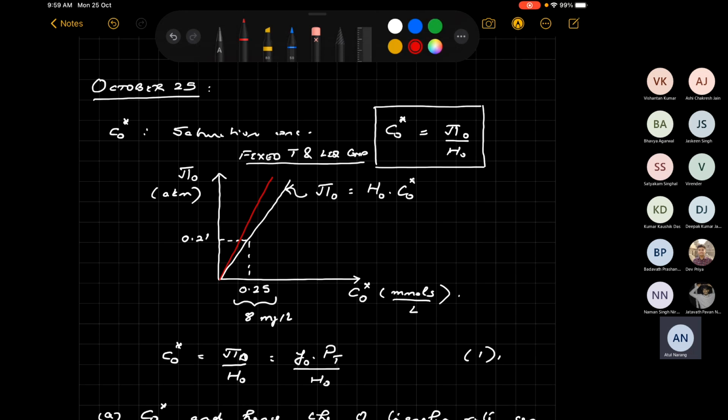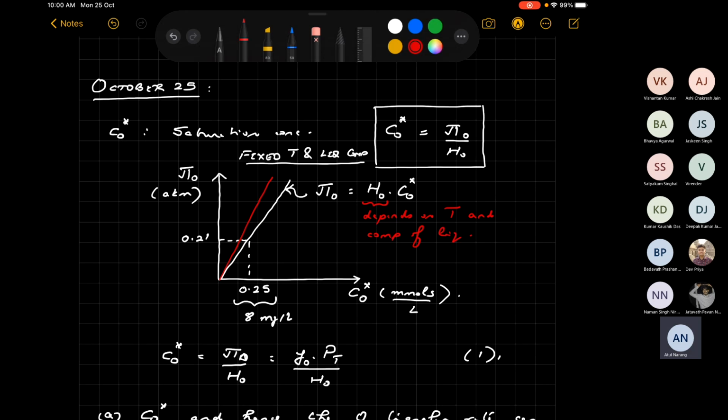So this H_O clearly depends on temperature, and as it turns out, it also depends on composition of the liquid.